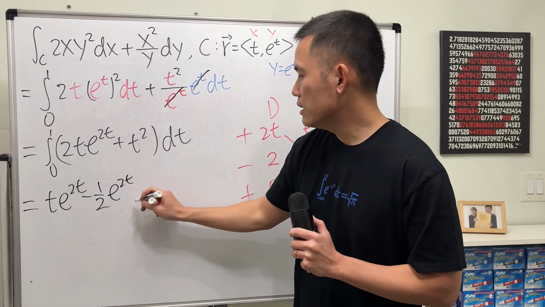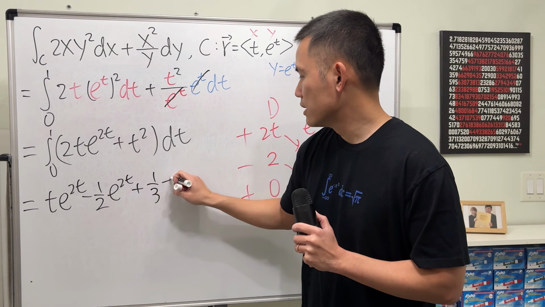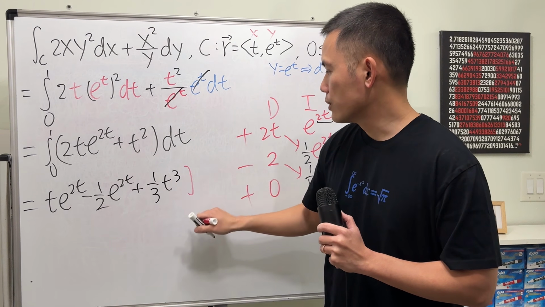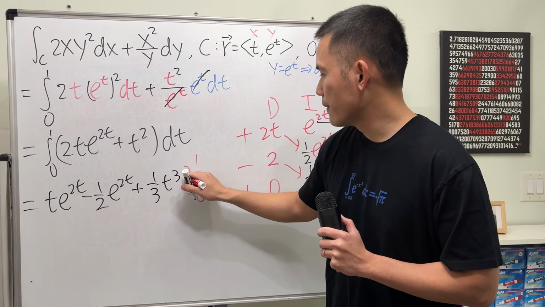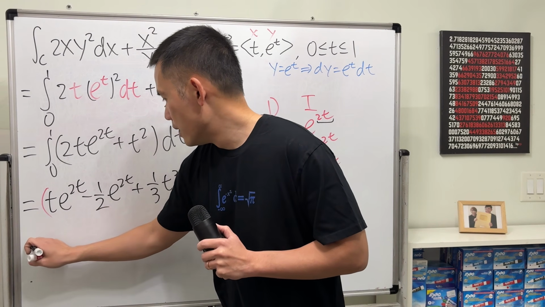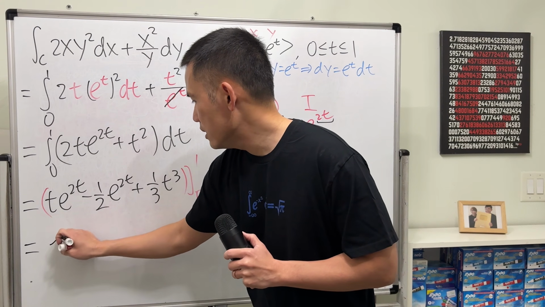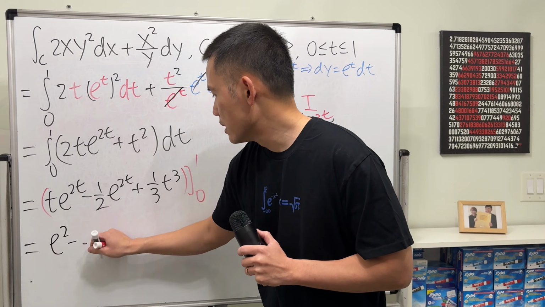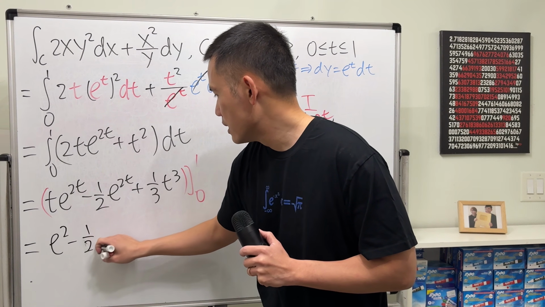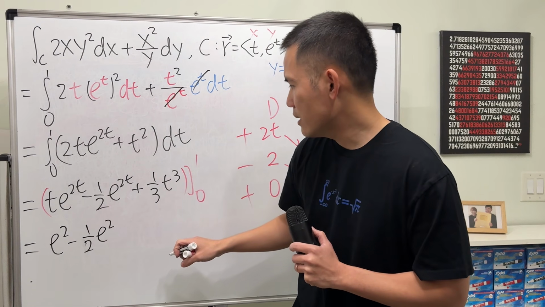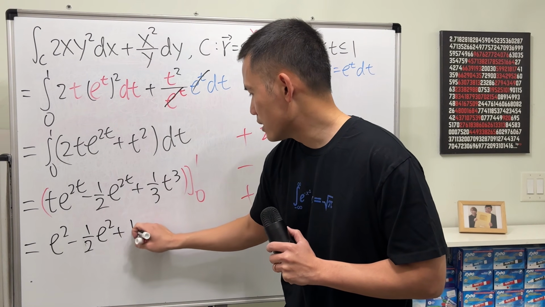And then integrating this is of course just 1/3 t to the 3rd power, and we go from 0 to 1. When we plug in 1, we get e squared minus 1/2 e squared, and then plus 1/3.